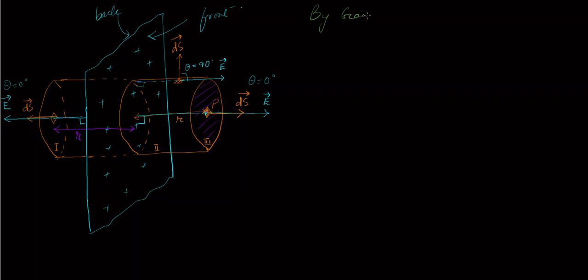By Gauss law, you have the closed integral of E dot ds equal to q by epsilon naught. Right? So again, just like before, in the first application, we can break this integration into three parts.